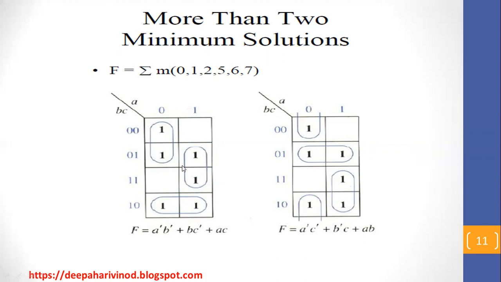And here you can group either like this or in this manner. In both the cases you don't have any redundancy, isn't it? All are essential, and both answers are correct. We cannot say this is wrong and this is correct. We cannot judge anywhere. Both answers are right.